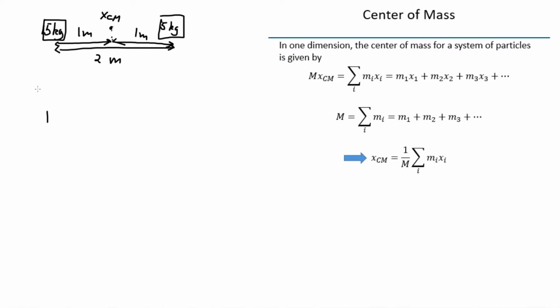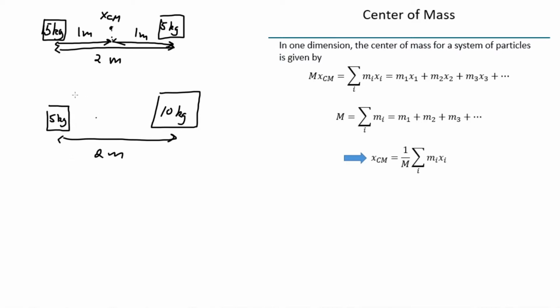Okay, but what if instead we had a 5 kilogram mass and a 10 kilogram mass, separated by a distance of 2 meters? Well, we could define a center position, the centroid of this system, right halfway in between.